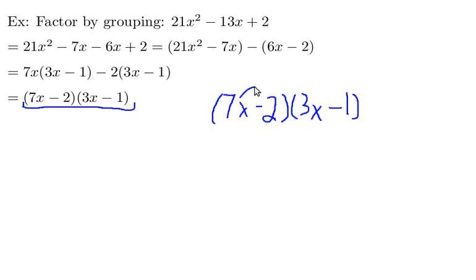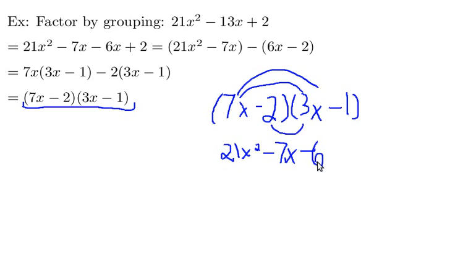So we'll have 3x times 7x, which gives us 21x squared, minus 7x, minus 6x, plus 2. Once again, we're on the right track.